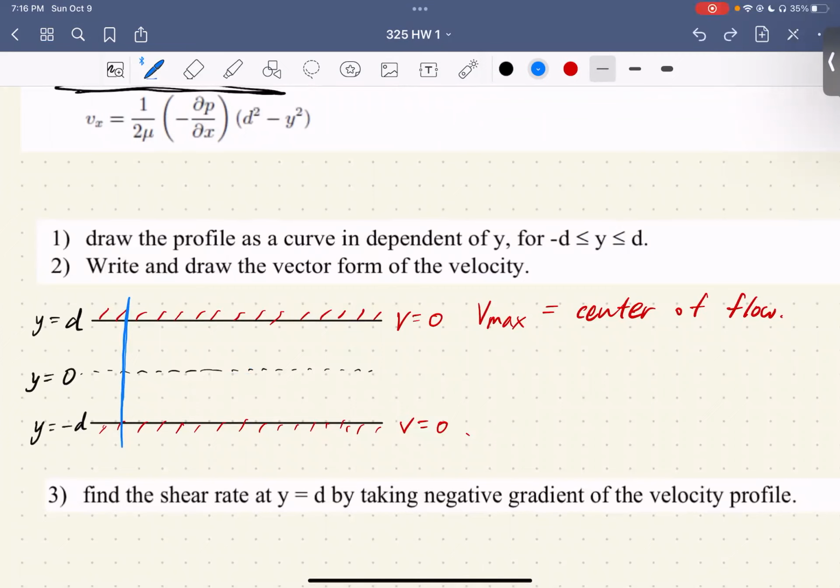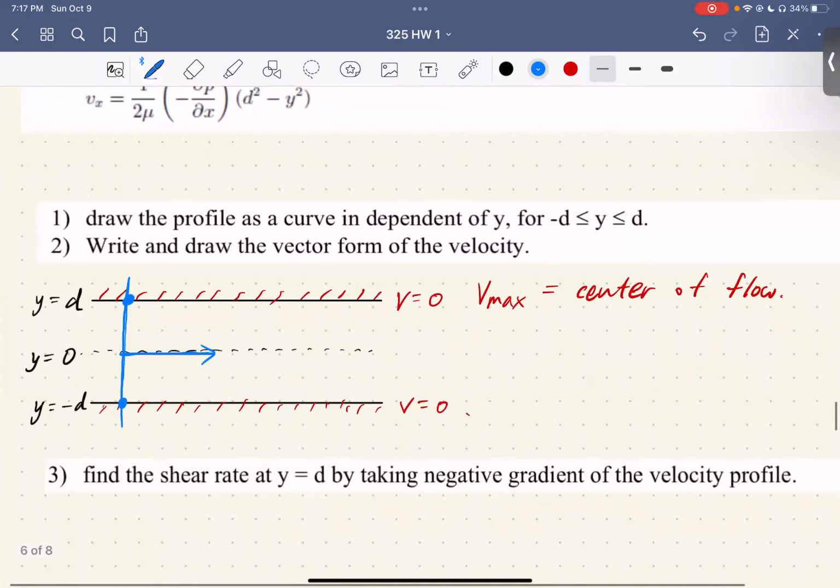If we know the velocity is 0 here and 0 here, and we have the maximum velocity right over here as a vector, all we need to do is connect the dots. And of course, it's not going to be a straight disconnect right here. It's going to have to be continuous. So draw a continuous line that hits all of these points. I hope this makes sense.